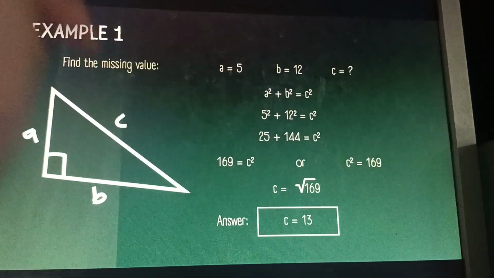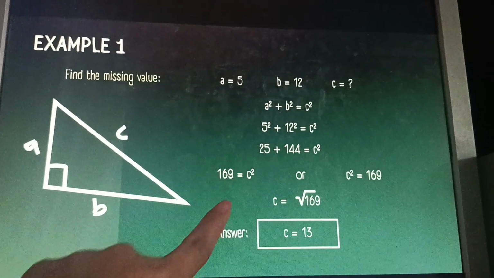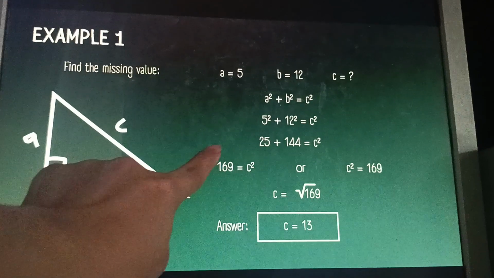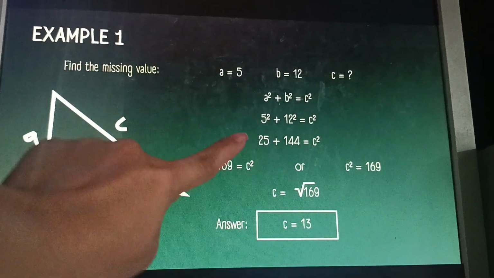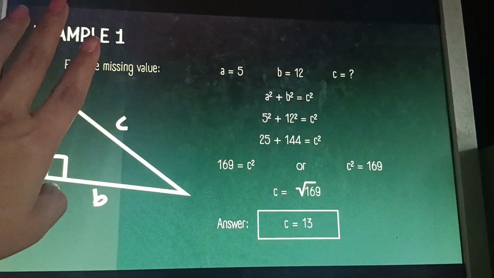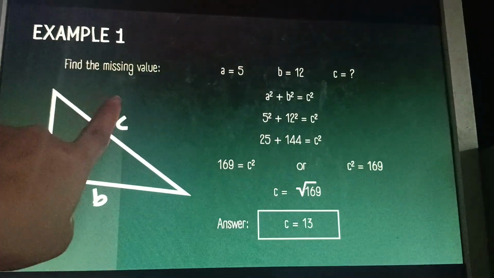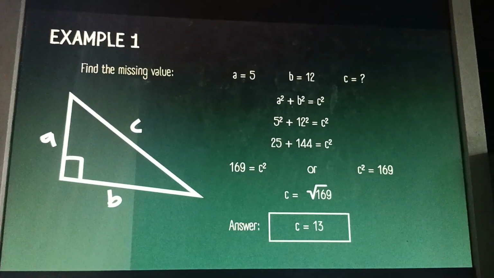Let us add now. The sum of 25 and 144 is 169, which is equal to c squared. Is this our final answer? Since we are going to find the value of c, and this is c squared, that is not our final answer.